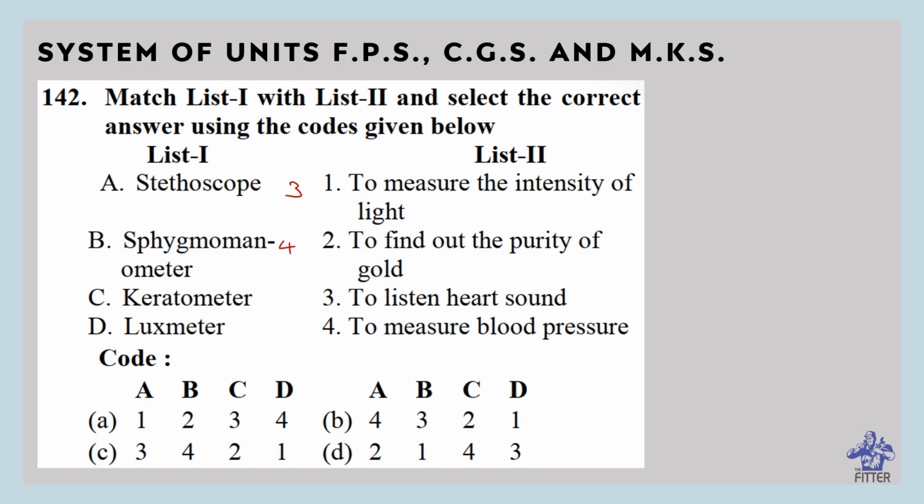Keratometer, that is to find purity of gold, that is two. Luxmeter, to measure intensity of light. So that is one. 3, 4, 2, 1 is option C.